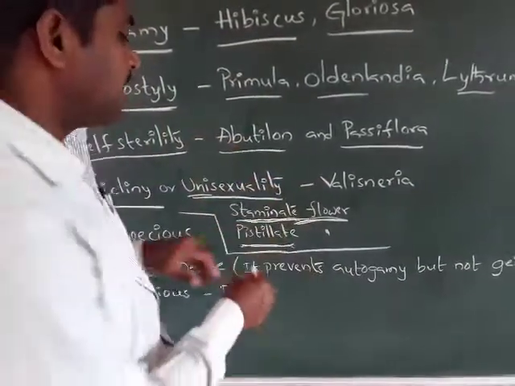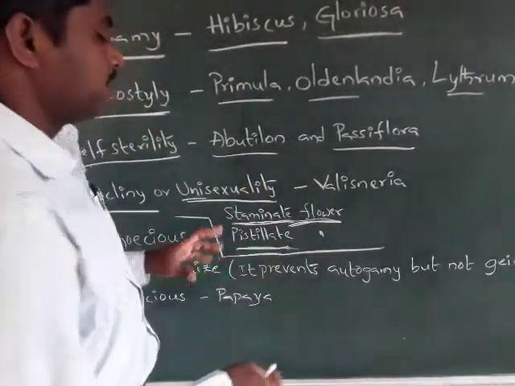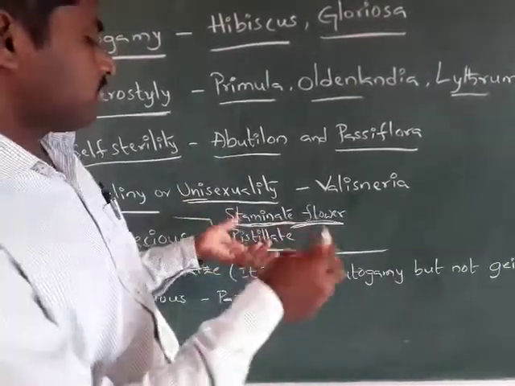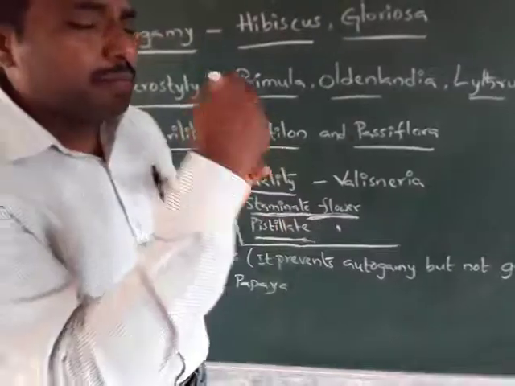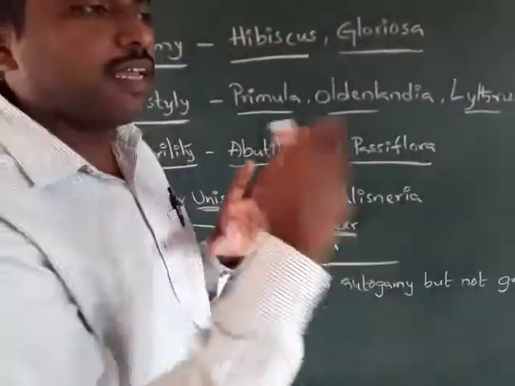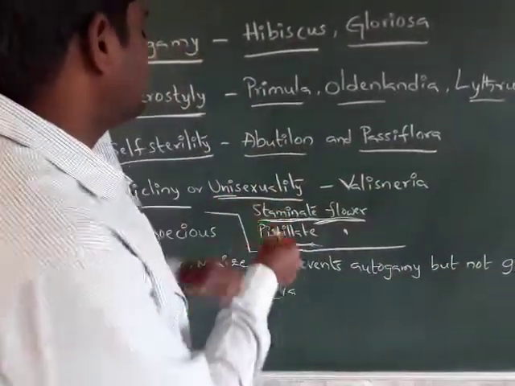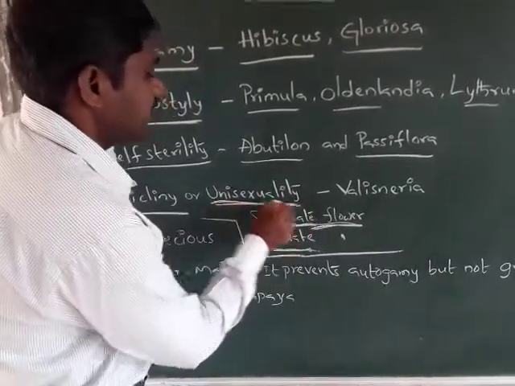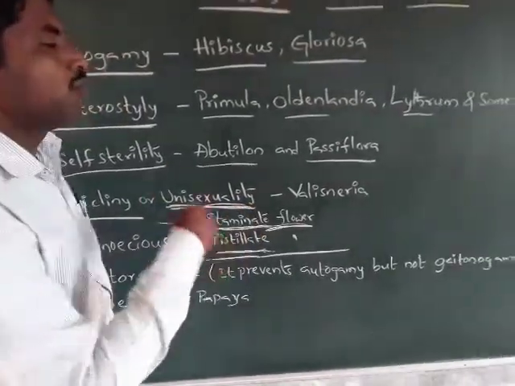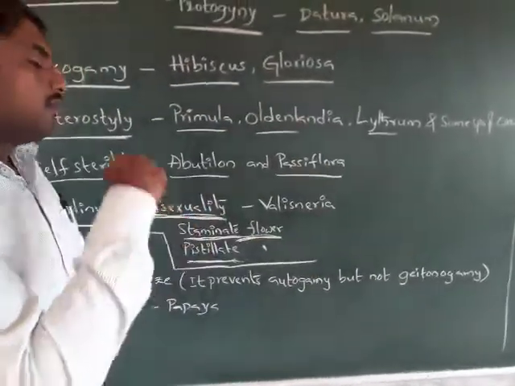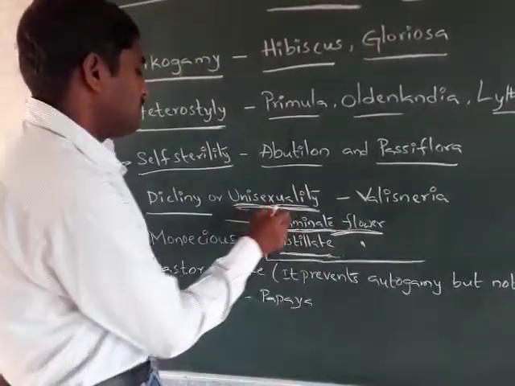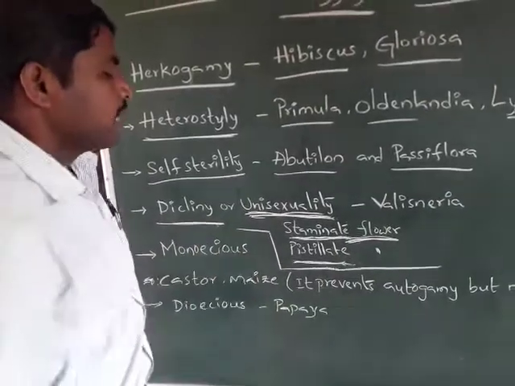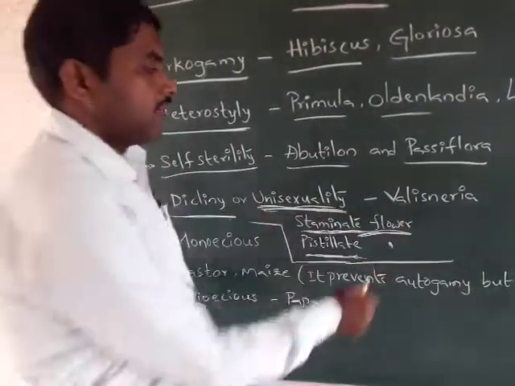So the sexual organs are either male or female. That is called unisexuality or diclinism. Example, Vallisneria.